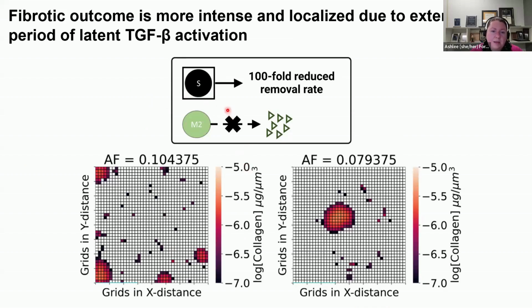And so things like having the stationary sources secrete or trigger more and more of that stationary source to be released from the tissue. And so we get these very high pockets of collagen due to this extended period.